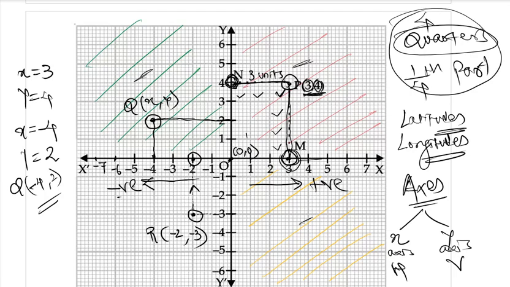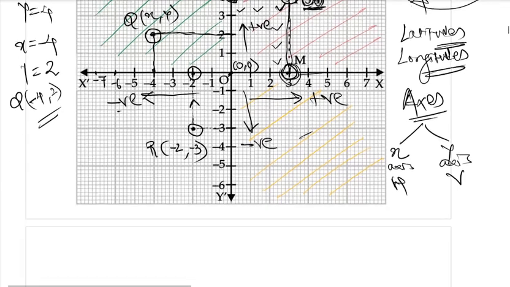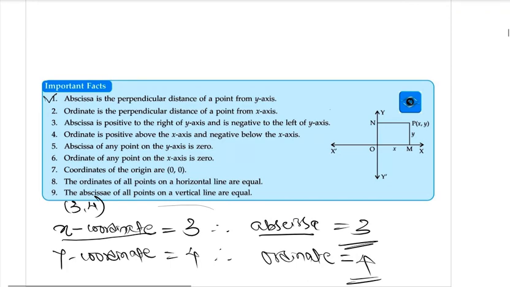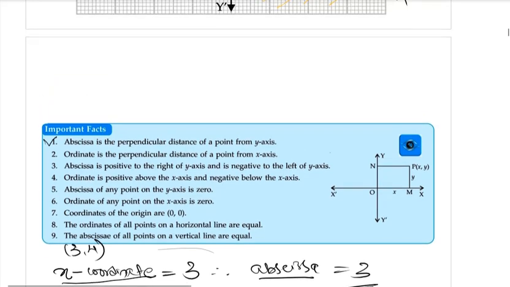As you go above the x-axis or above the origin, the ordinate becomes positive. And as you go below the origin or below the x-axis, the ordinate becomes negative. So these are the sign conventions. Abscissa of any point on the y-axis is 0.